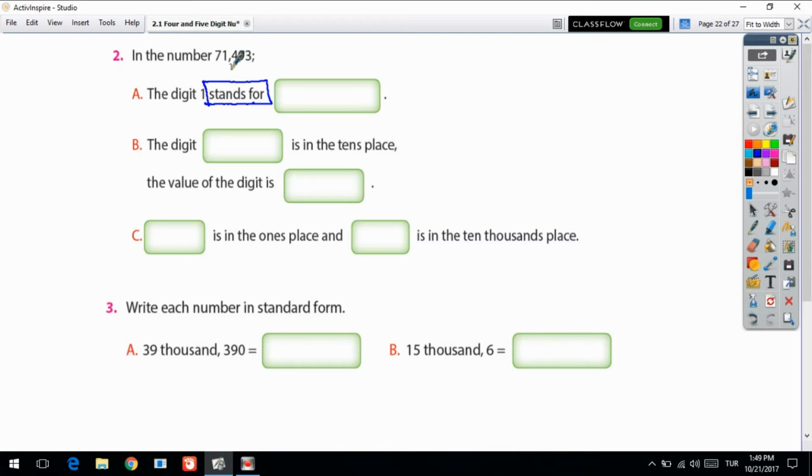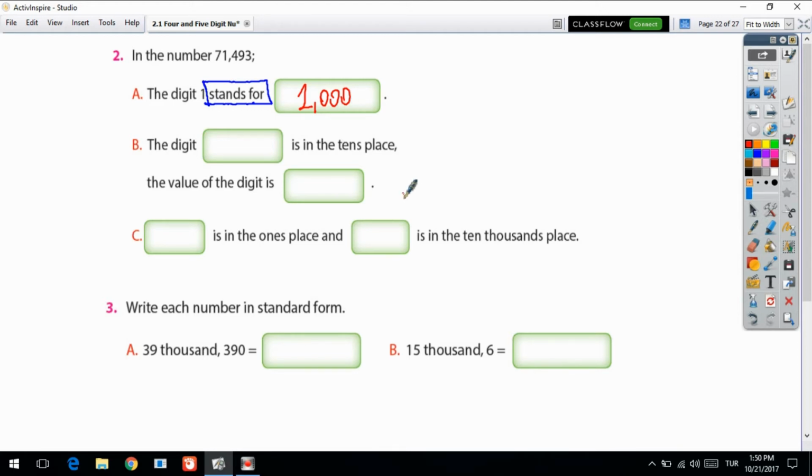The digit 1, where is the 1? 1 is in the thousands place. So how can I find the place value? We have a rule: to get the place value, you multiply your number by the value of the thousands digit. So 1 times 1000 makes 1000. Now let's look at another one.